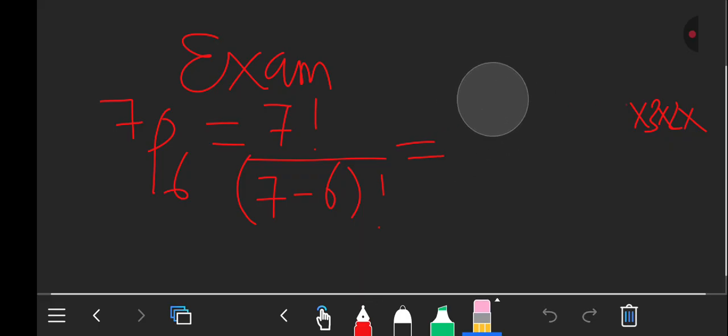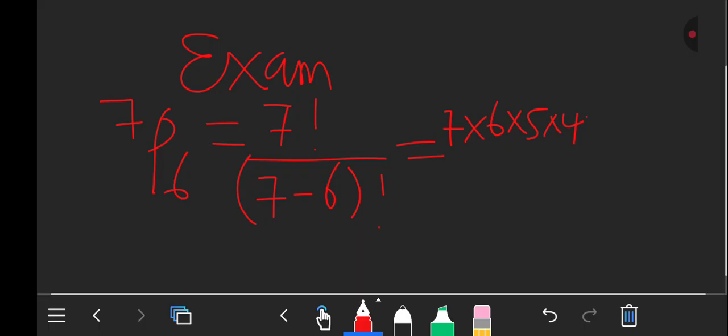Let me just write this properly. So this is the same as saying 7 by 6 by 5 by 4 by 3 by 2 by 1 over 7 minus 6, that is 1 over 1 factorial. 1 factorial is just a 1.